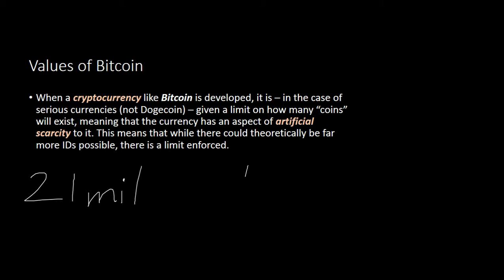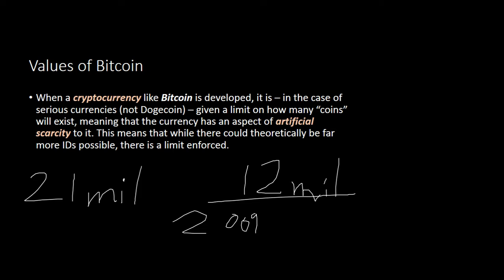So far, we have discovered, through mining, 12 million of them, meaning there are 9 million left. From 2009 to 2017, the years that Bitcoin has existed, we have found 12 million valid Bitcoin IDs. There are still 9 million left.